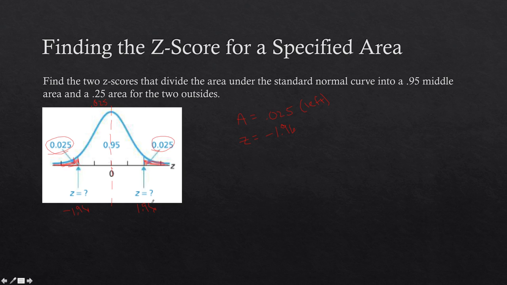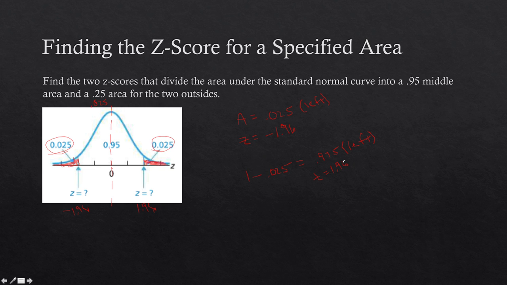Now, if you wanted to double check that, notice this is the area to the right of 0.025. So you could subtract this out and you could get 0.975, and that would be your area to the left. And if you read your chart and go backwards, find the area that's 0.975, it's going to give you a z-score of 1.96, and you can confirm what I just told you about symmetry.